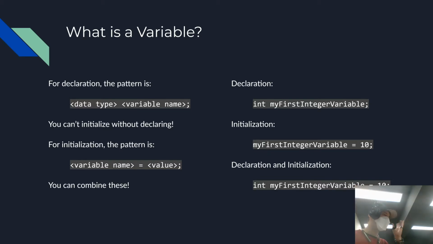Or if assigned doesn't make sense to you, you can say it is storing the number 10, or saving the number 10, something like that, okay? This is basically saying that number 10, we're putting it in the box labeled myFirstIntegerVariable. Does that make sense? Cool. And now we can do both of these in the same step like this. It's just these two things combined.